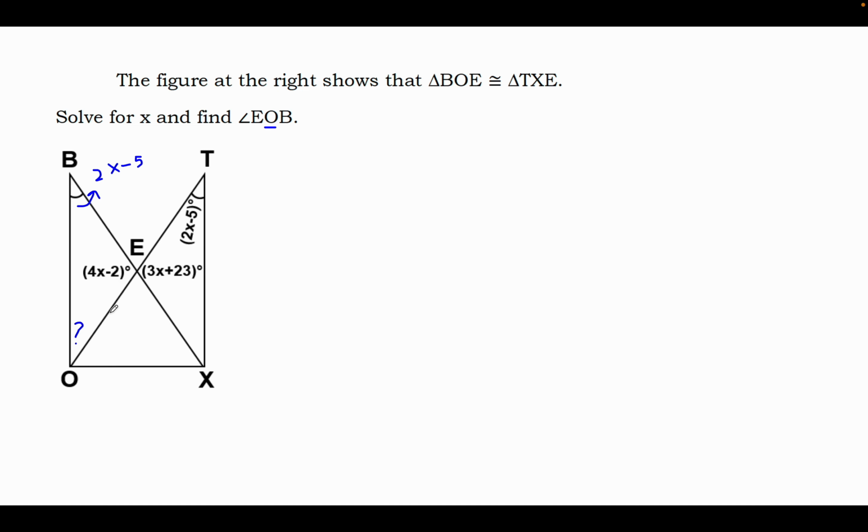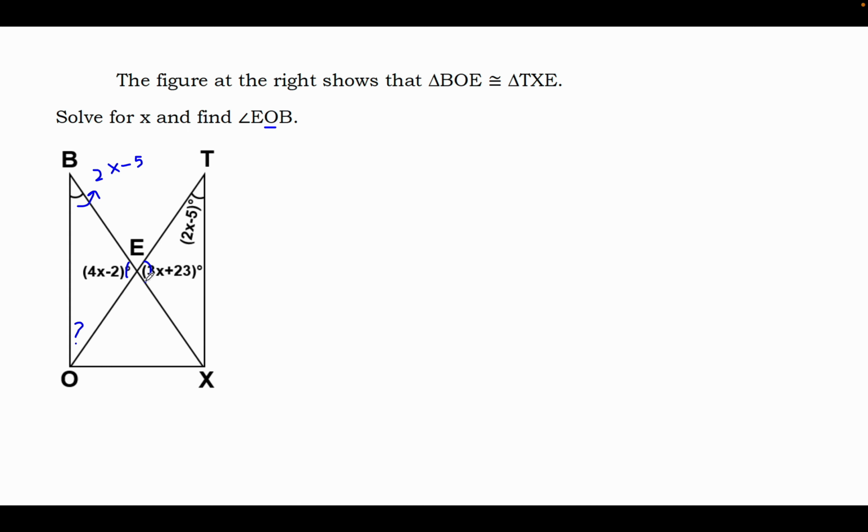Okay? The problem is we're going to look for the measure of angle O. But at first glance, again, it seems that the given is not enough. However, take note that this angle here and angle E here are vertical angles. Right?